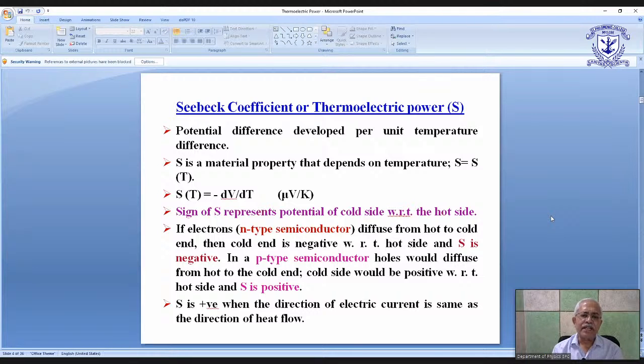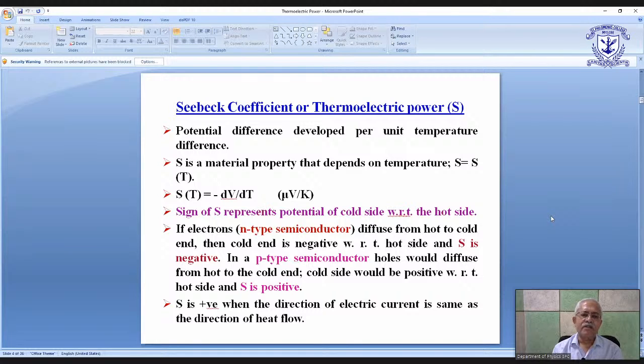Another way of looking at it is as follows. Look at the equation S of T equal to minus dV by dT. If I am heating the material, then dT will be positive. And dV we count as positive if the hot end is at the higher potential than the cold end.